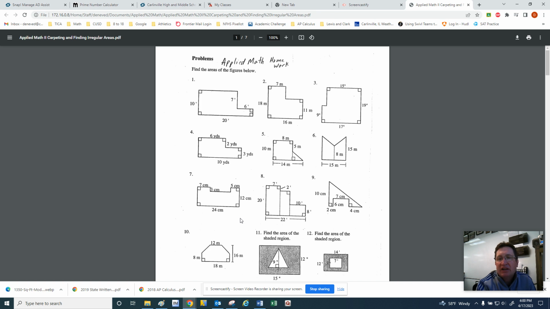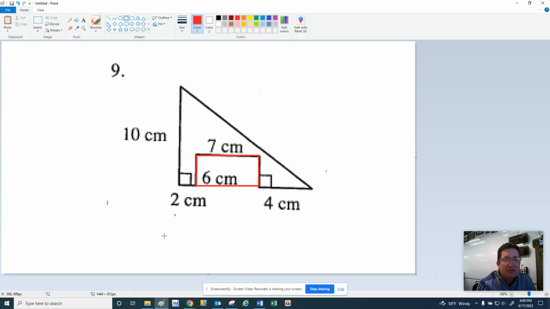It looks to me like 6. They didn't label that as well as they could have, but we're going to go with the fact that 6 is the distance, I'll make a line from the right here. Since 6 is smaller than 7, we're going to say that blue line is 6.